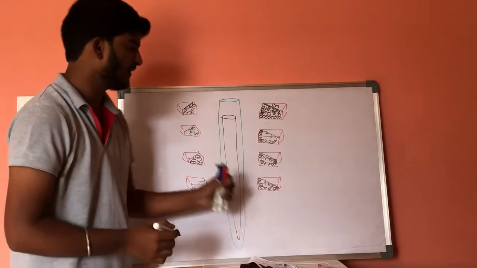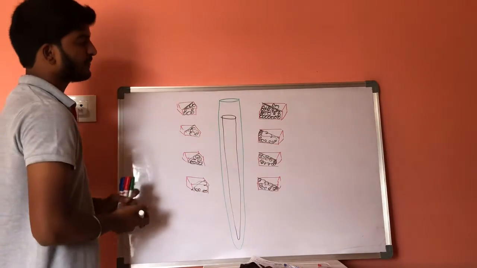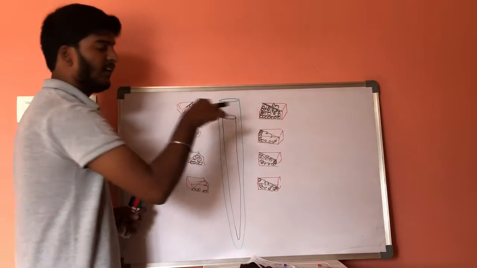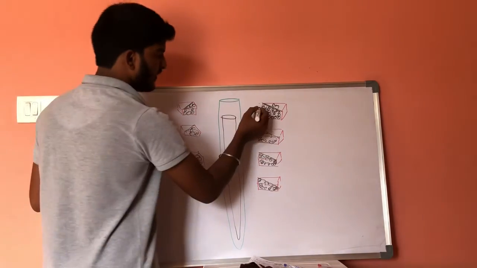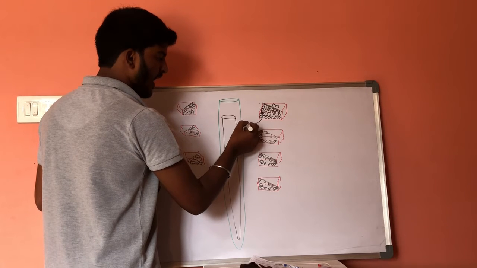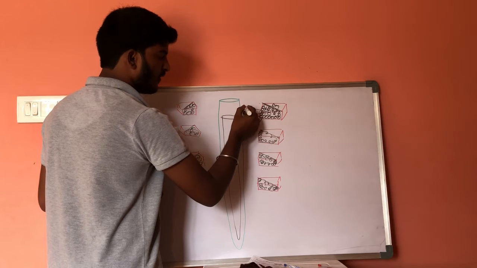In this way, the epithelial cells are tightly packed. These are called somites, individual somites, and they undergo certain modifications, and these epithelial cells will become loose in nature, and they will come near the neural tube.